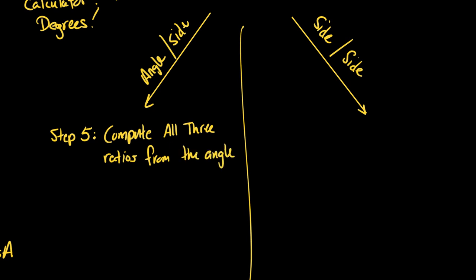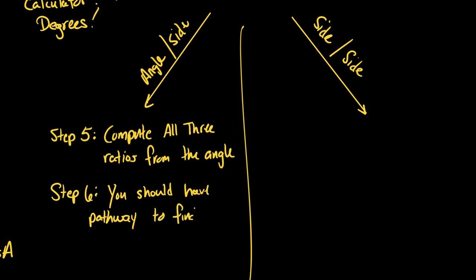Compute all 3 ratios from the angle. You should now have a pathway to find the missing sides. All right.